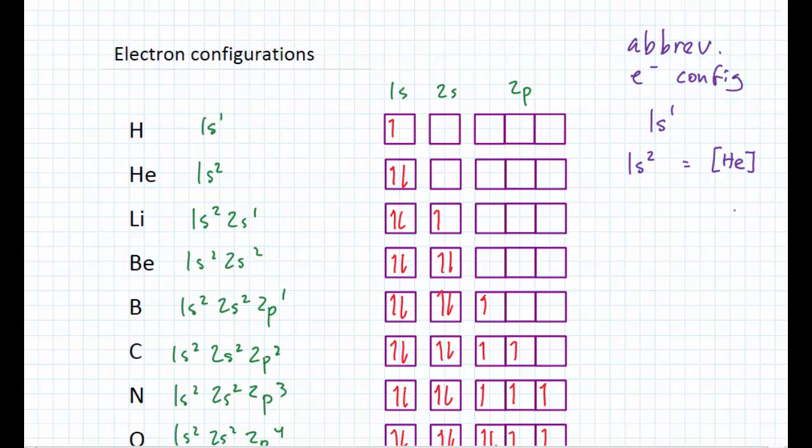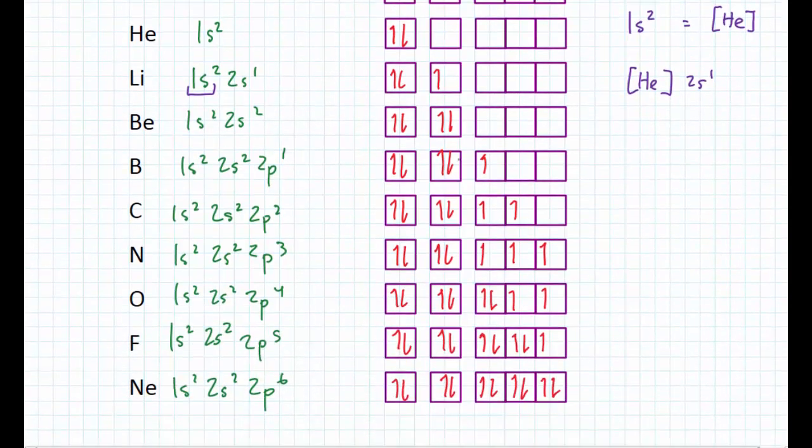For those that have 1s2 in them, we can just say helium and then continue after that, 2s1. Including things like carbon: helium, 2s2, 2p2.